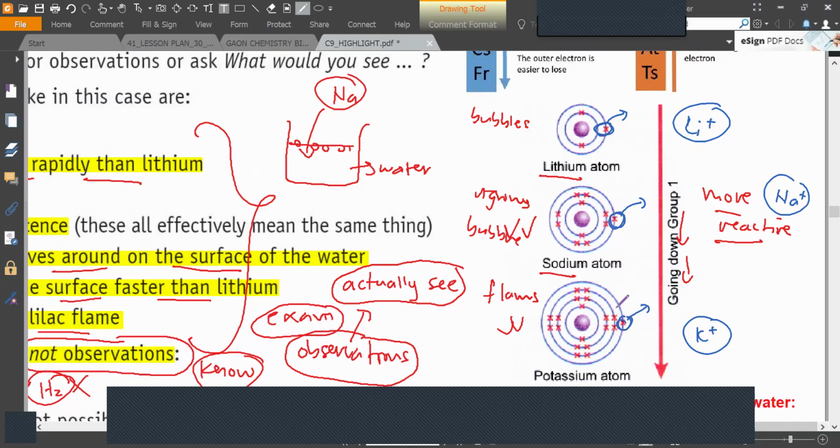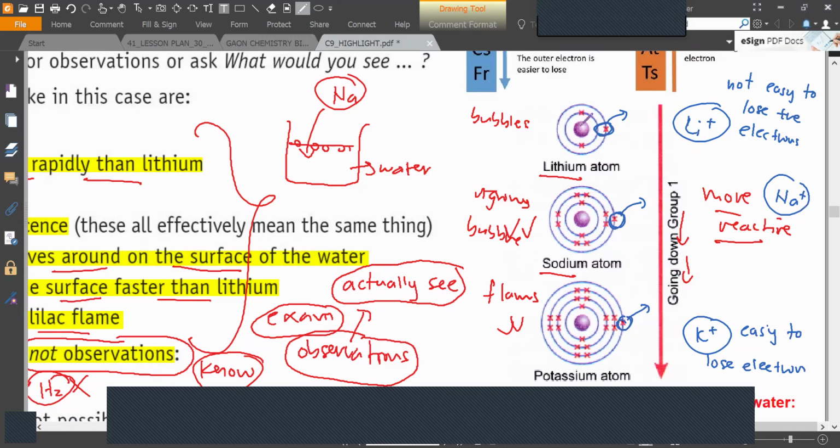Which one is easy to lose the electron? We are saying that potassium is easy to lose the electron. We are saying that lithium is not easy to lose the electron.